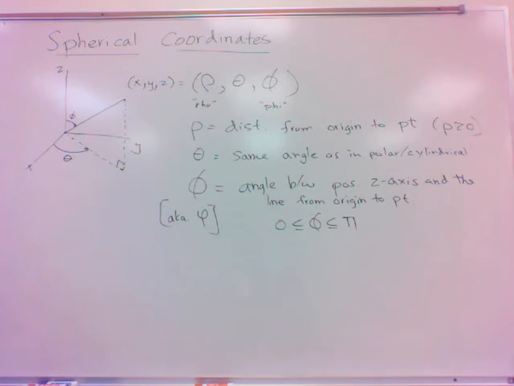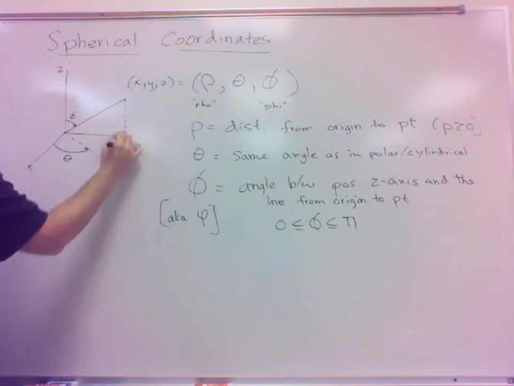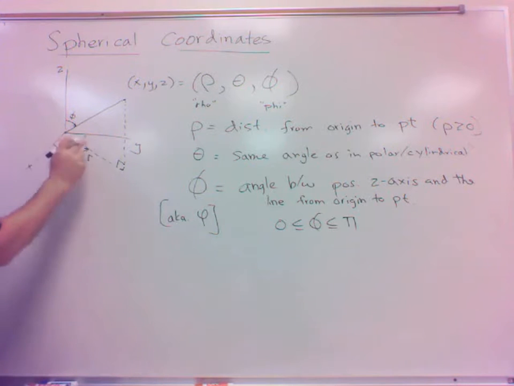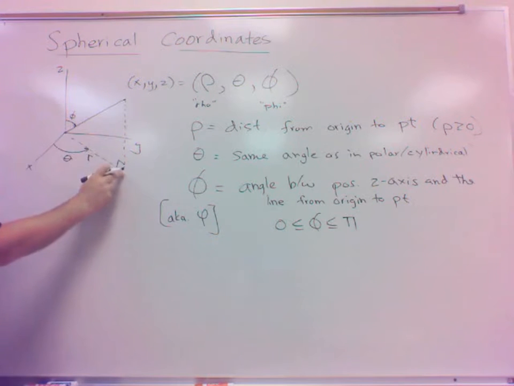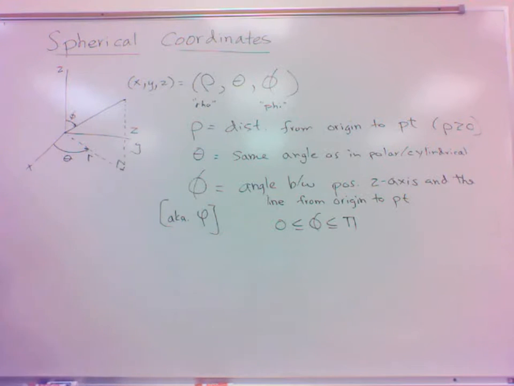All right. Now we might notice a couple of things here. First of all, this is what we've been calling r, the distance from the origin out to the point in the xy plane associated with that point. And of course, this is the height z of our point.